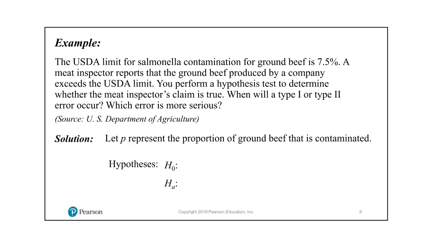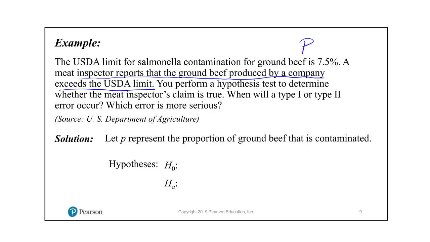Okay, so first we have to set up the hypothesis so we know what's the null and what's the alternative. All right, so let's go back into it. P is going to be the proportion of ground beef that is contaminated. The inspector reports that the ground beef produced by a company exceeds the USDA limit.